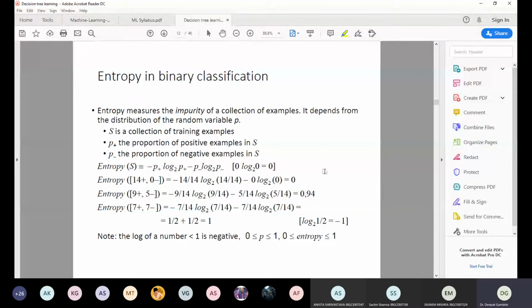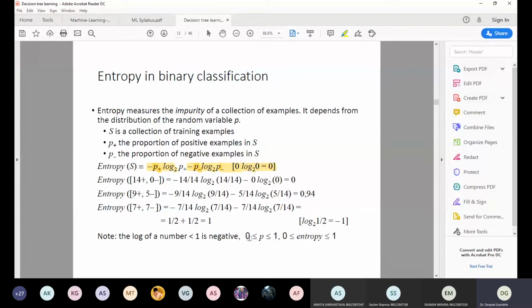Entropy, I have told you, in the case of binary classification, there are two kinds of examples, positive and negative. In that case, the entropy is minus PA log PA minus PB log PB, where the log is to the base 2, and 0 log 0 is 0.